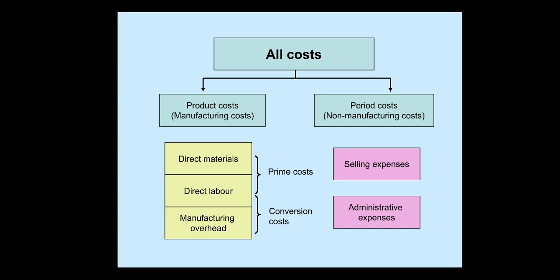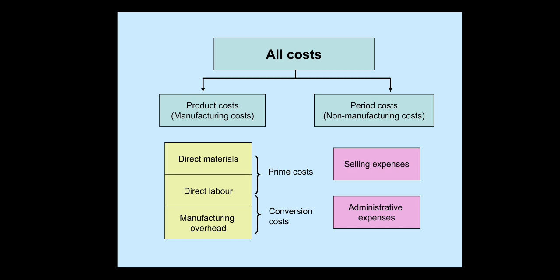Direct material cost plus direct labor cost is known as prime cost. Or in another way, if somebody asks you to calculate prime cost, then the answer is prime cost equal to direct material cost plus direct labor cost. See in the yellow box there.